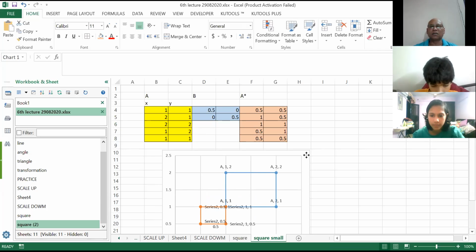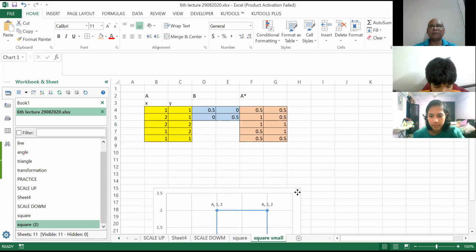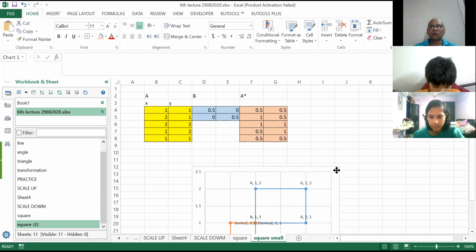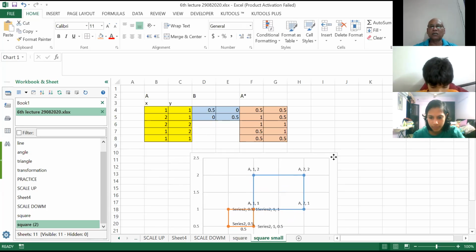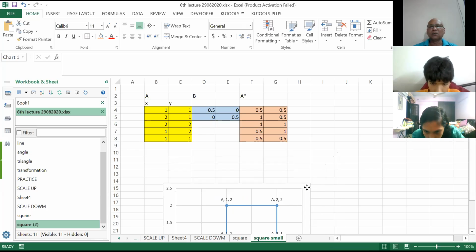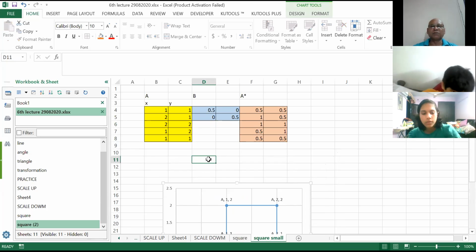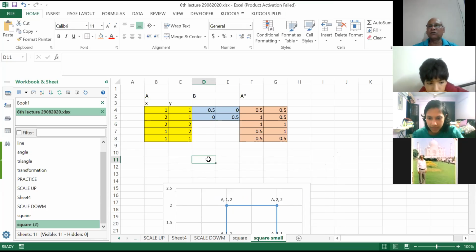Geometrically you have seen, but we have a mathematical formula also to know how much it can reduce or increase. That is called determinant. What is the determinant? How to make half? Actually, we calculate the values here. You should get the determinant half.